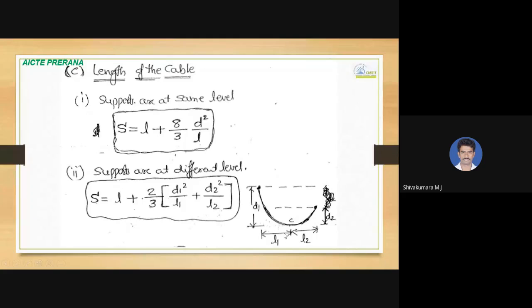You can have a look at this sketch. D1 is the dip from the lowest or bottommost point of the cable to the location of one support, and D2 is the depth to the other support. L1 and L2 are the horizontal distances from the supports to the lowest point of the cable.